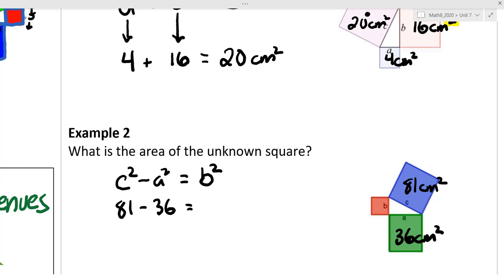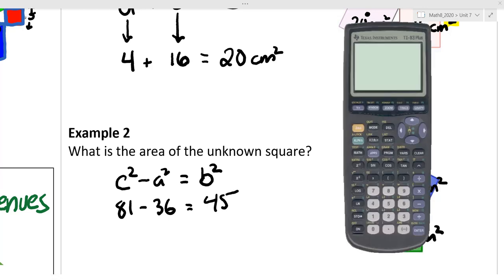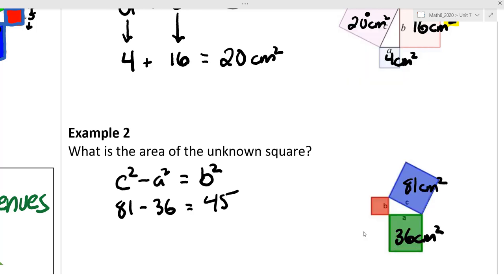Yes, that's 45. That sounds like a more reasonable number. You can check it on a calculator. So you go 81 minus 36 is 45. Okay.